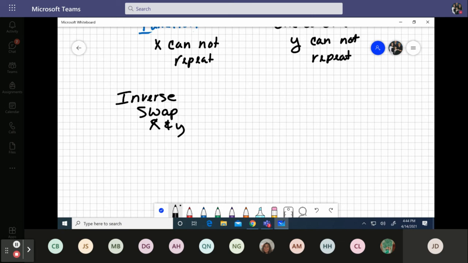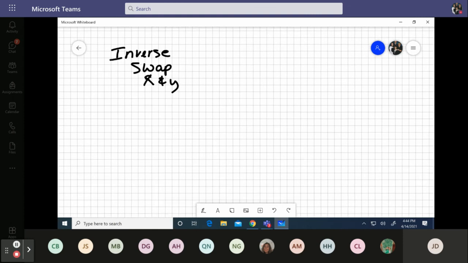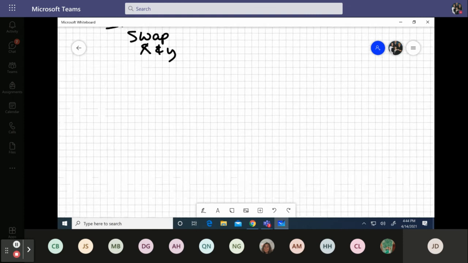Don't change any sign. 6, 6 is going to stay 6, 6. 10, 7 becomes 7, 10. 8, 8 is going to stay 8, 8, but 6, 9 is going to become 9, 6. Please remember, don't change any signs. When you're doing an inverse, all the signs stay the same.